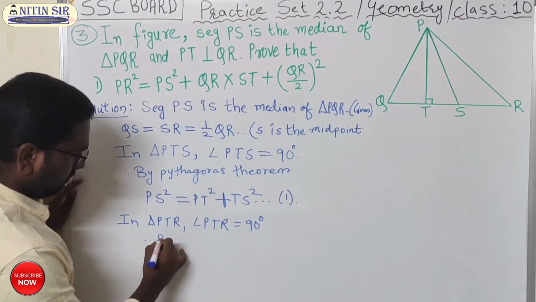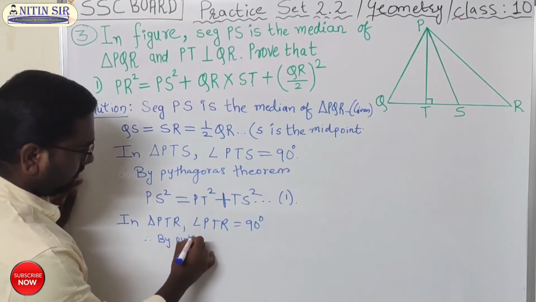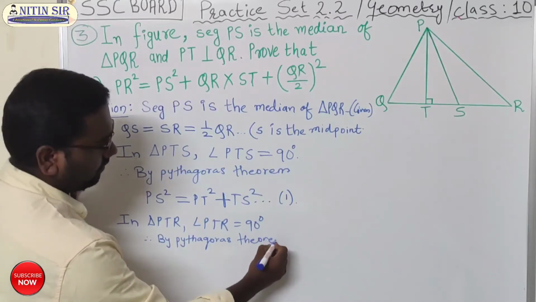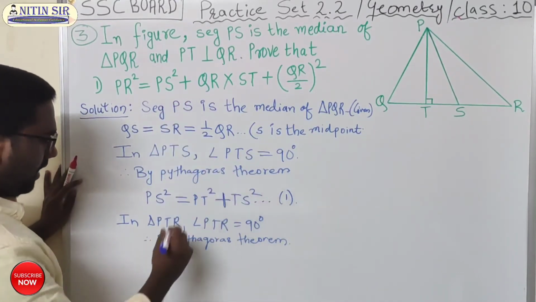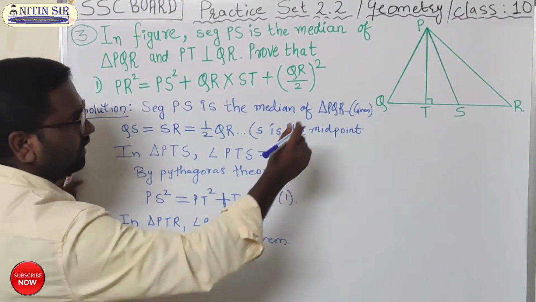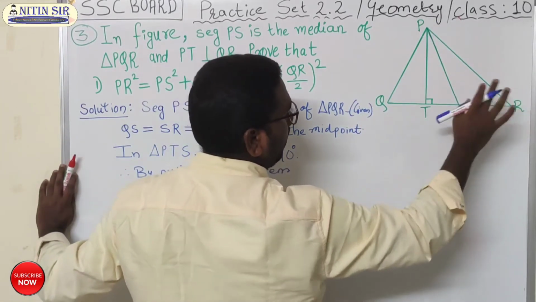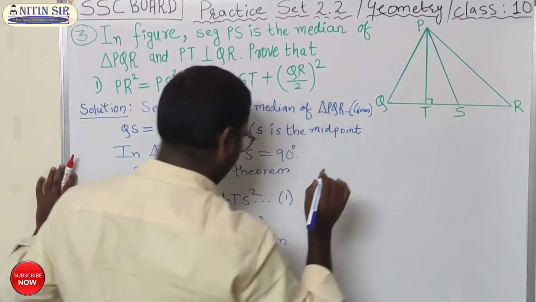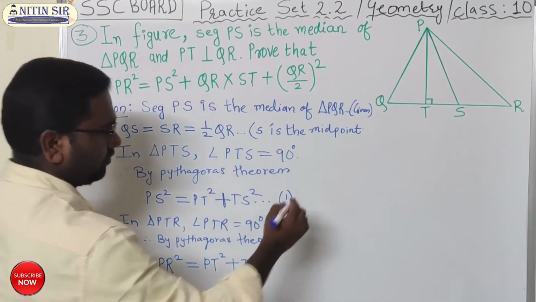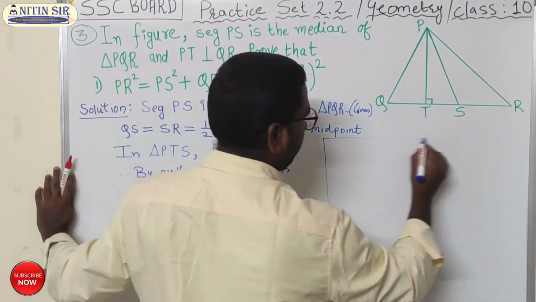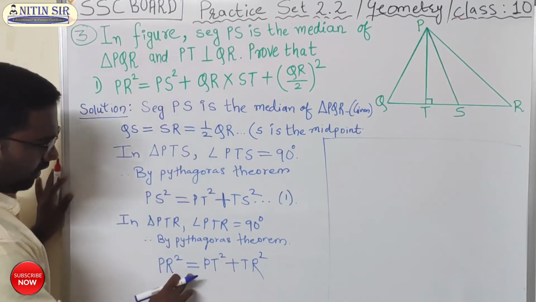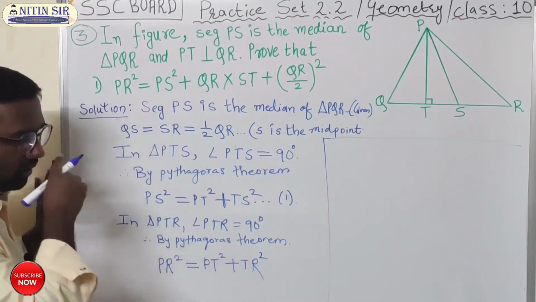Therefore, by Pythagoras theorem, we can say that PR square is equal to PT square plus TR square. We'll solve this equation here, the remaining part we'll solve. This we'll take here. So PR square is equal to PT square plus TR square.